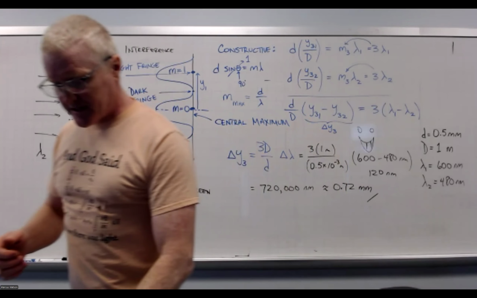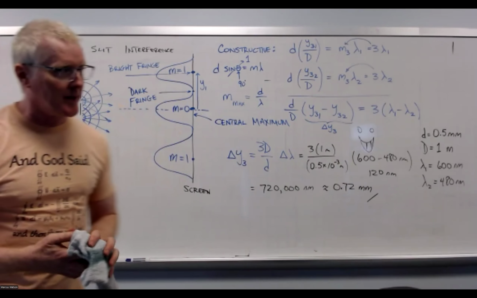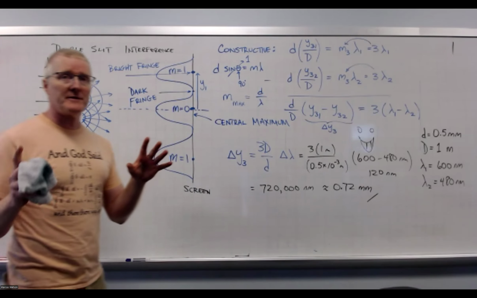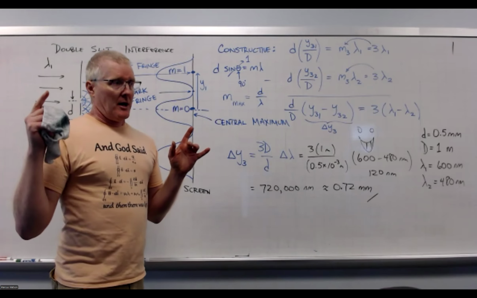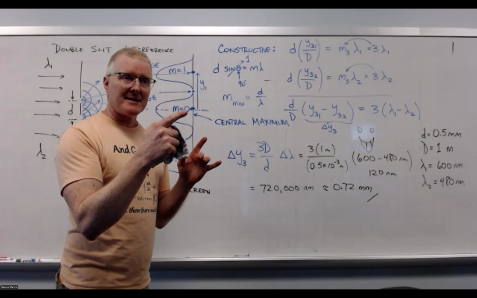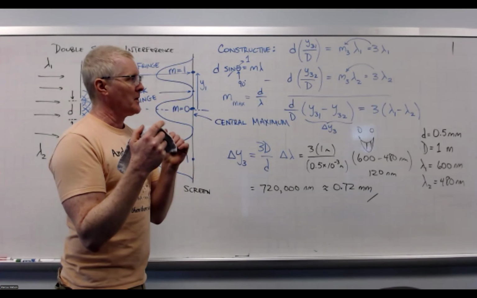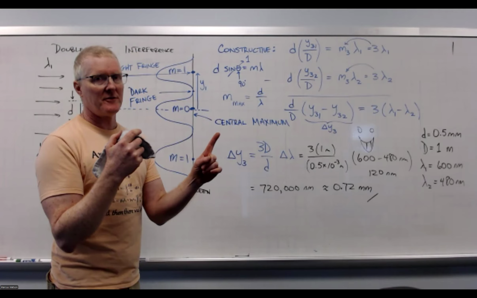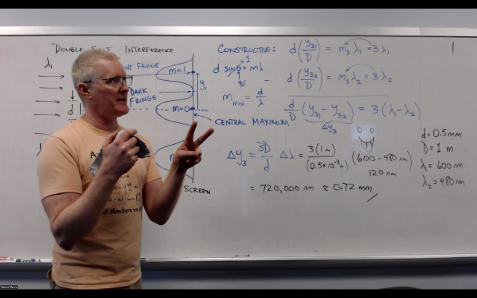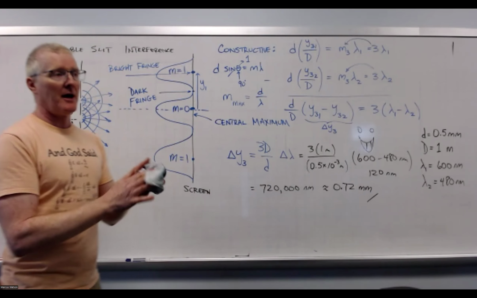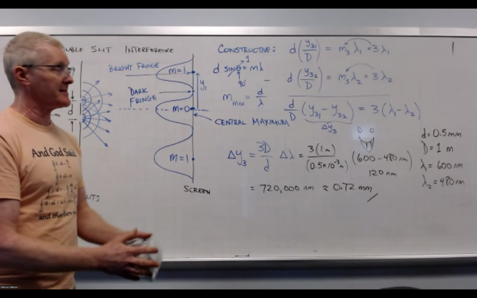I want to also talk about some of the other interferences that I mentioned yesterday, which involved a wave through a material with an index compared to a wave that bypassed that material. That's one situation of wave interference. And I also want to hit the other one, which is reflection off a boundary between materials with different indexes.